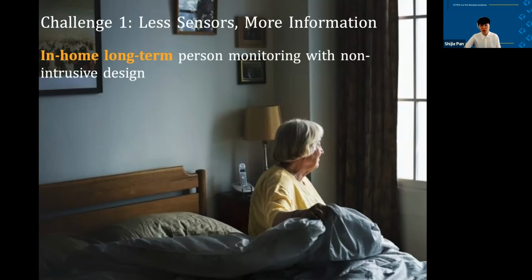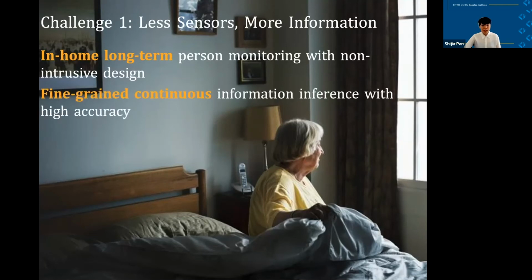We need to do this for multiple reasons, such as reducing the perceived privacy intrusion, the cost, the maintenance effort, and the system's impact on the person. By more information, I mean for many emerging applications such as mental or behavior profiling, or fall risk prediction, fine-grained continuous monitoring is required, and we need to infer with very high accuracy.